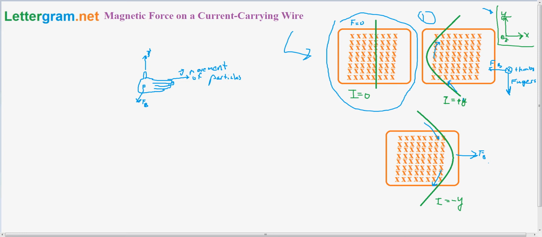There's a couple of things that I'm just going to go over. The force on a segment of a current carrying wire, or just a little piece of the wire. So say we have this wire right here.